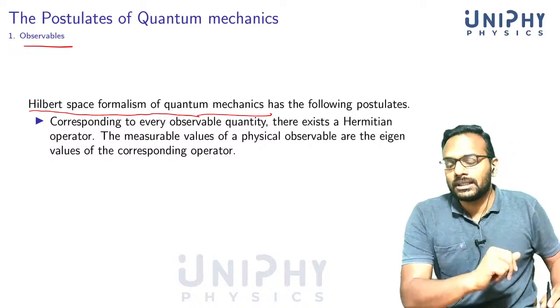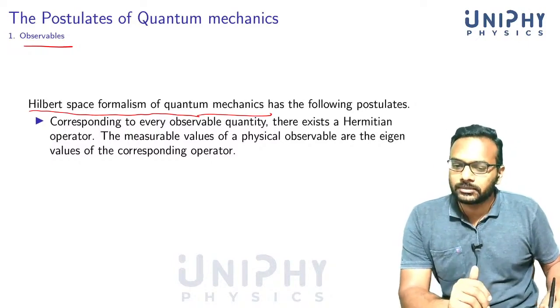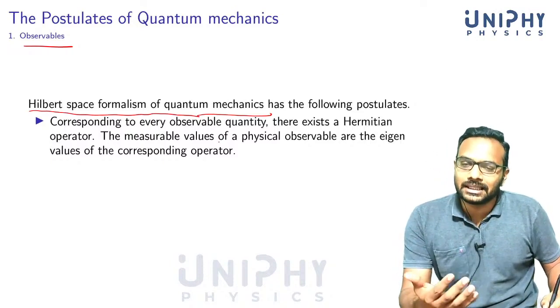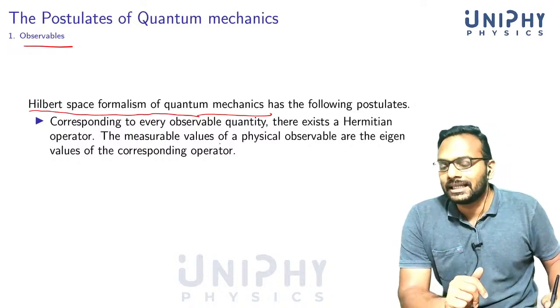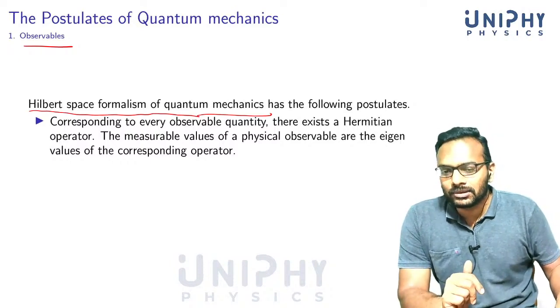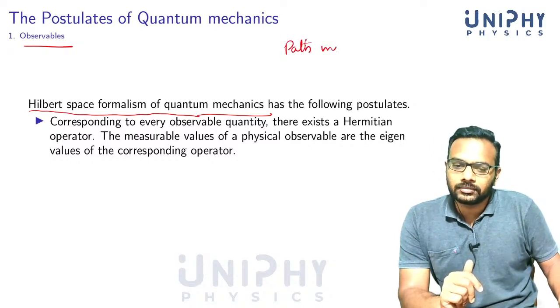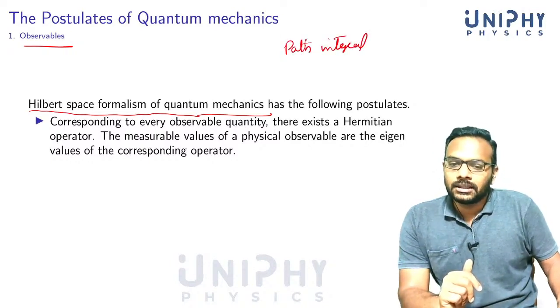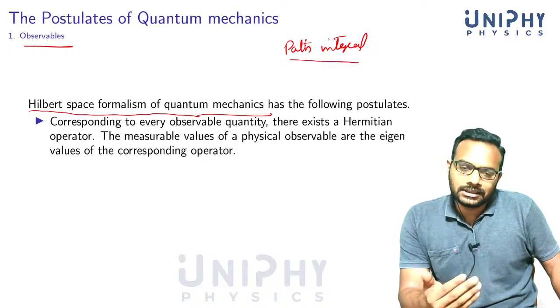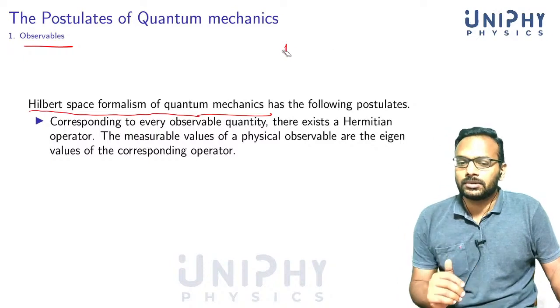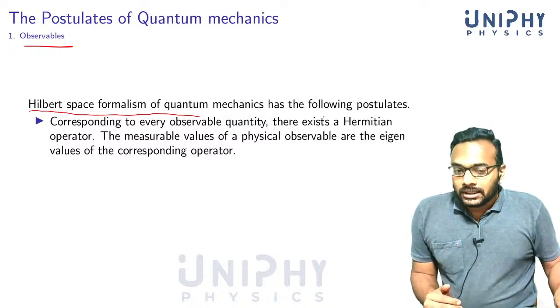There are other interesting formalisms of quantum mechanics, which are equivalent to this in terms of predictions and the basic idea. Most interestingly, there is Feynman's path integral approach. These things are interesting, but we are now talking about the Hilbert space formalism. So it has the following postulates.